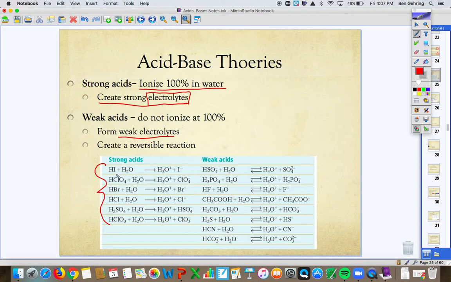So you need to know hydroiodic, hydrobromic, and hydrochloric are your binary strong acids. Those 3.